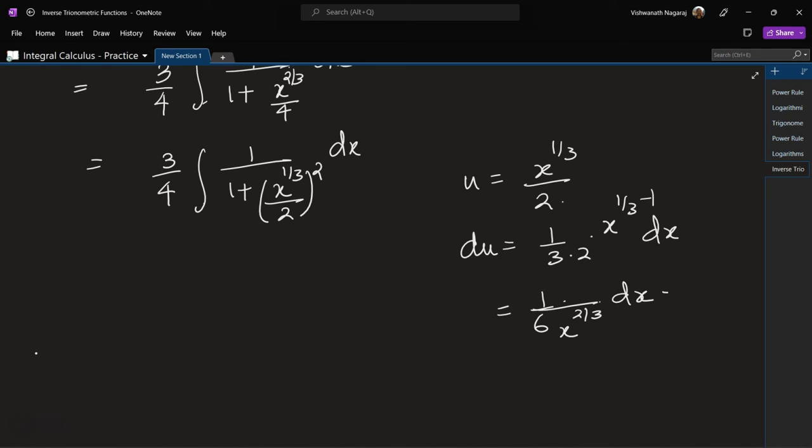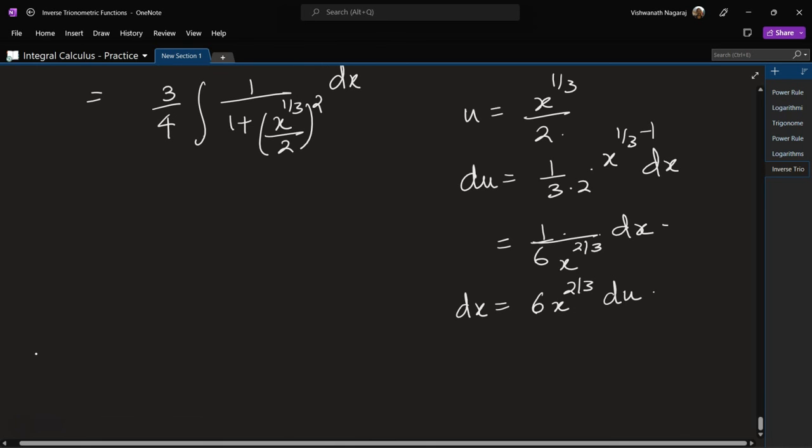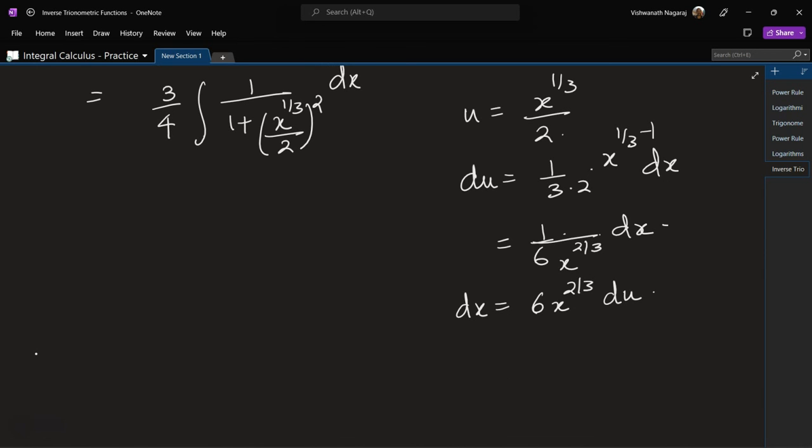So if we move it around, we get dx is equal to 6x to the power of 2 by 3 du. Now the thing is, we want this x also to be in terms of u. So what do we do? We can say 2u equal to x to the power of 1 by 3.